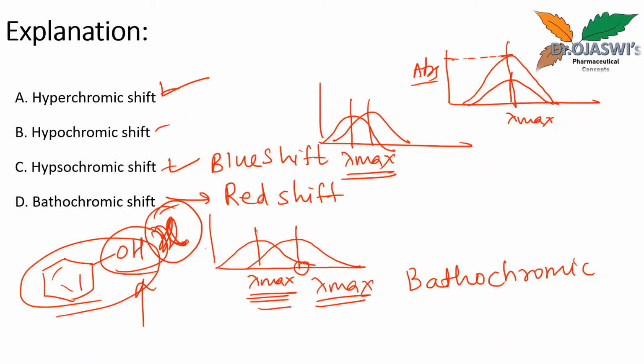Or if in any case the absorbance is reduced by a substituent, with lambda max remaining the same, then that is called a hypochromic shift.